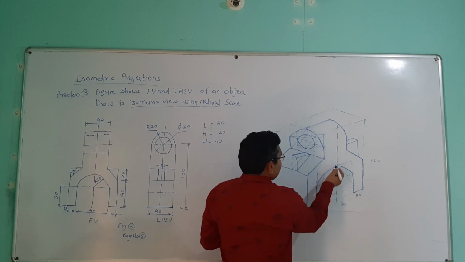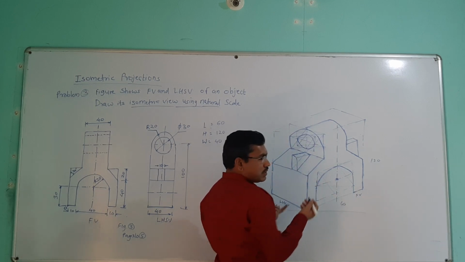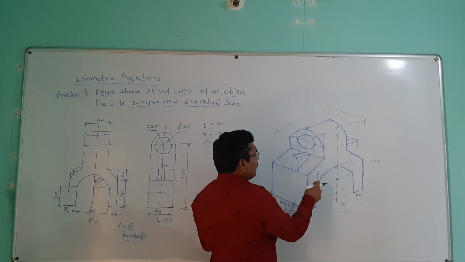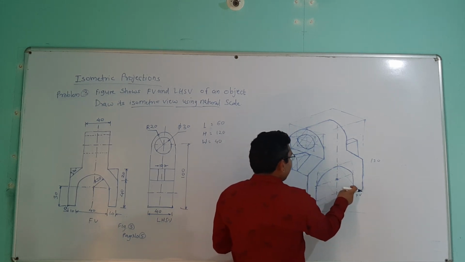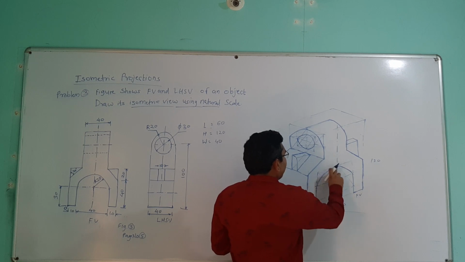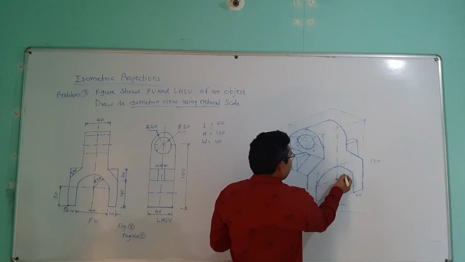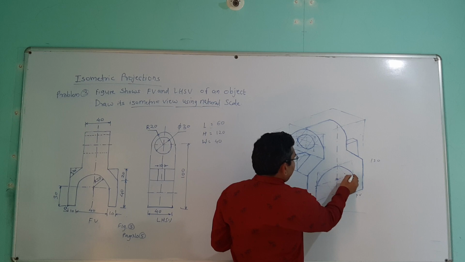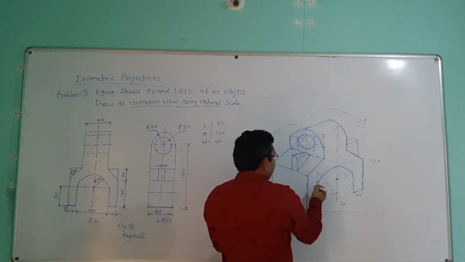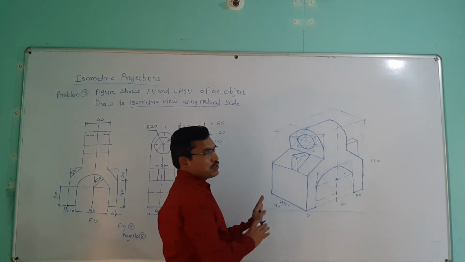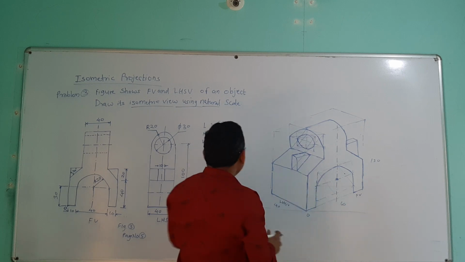Similarly, this corner and opposite side midpoint, this corner and opposite side midpoint. You need to draw only a half circle, that means two arcs. For the first arc, take this as a center and draw an arc. Then for the second arc, take this as a center and draw an arc. So this completes the isometric projection of a half circle.